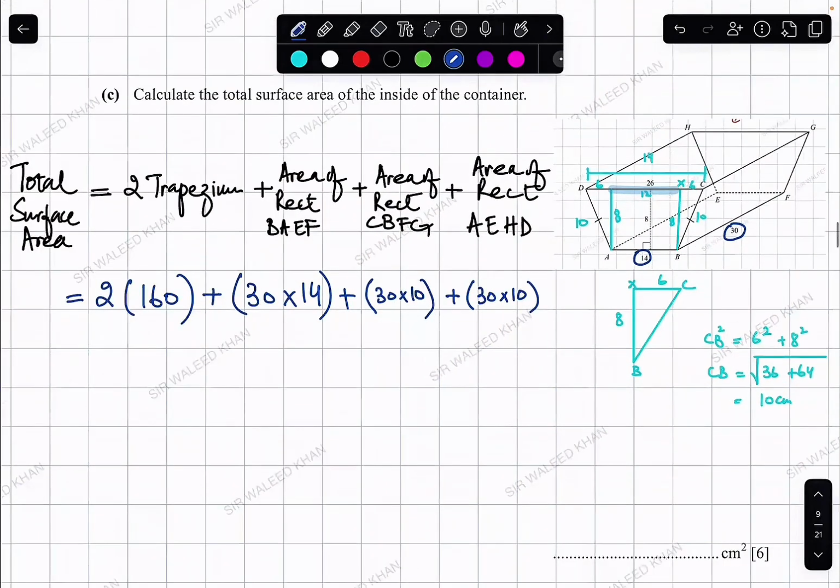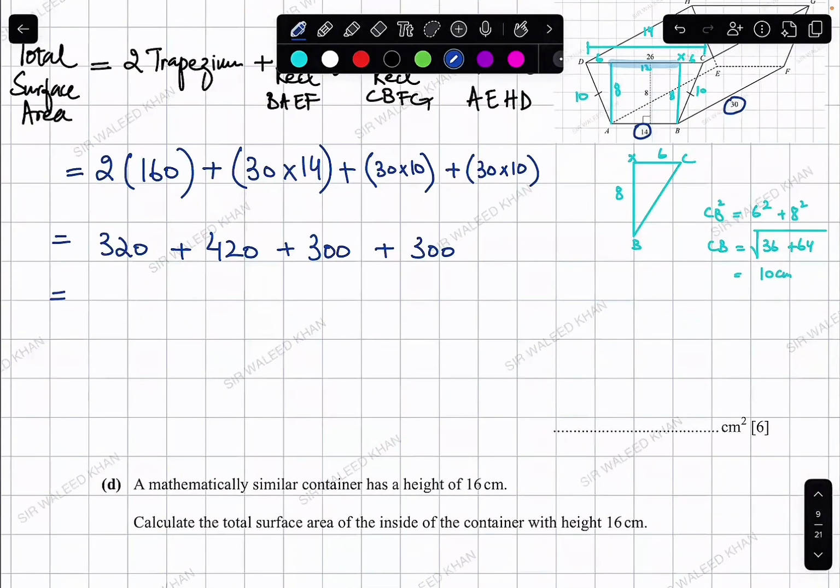Now you can figure out the answer. Work it out. So 2 times 160, that is 320, plus 30 by 14, that should be 420, plus this 300, plus 300. So we have 1340.